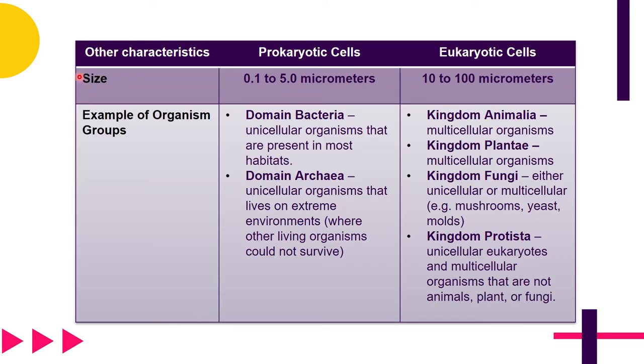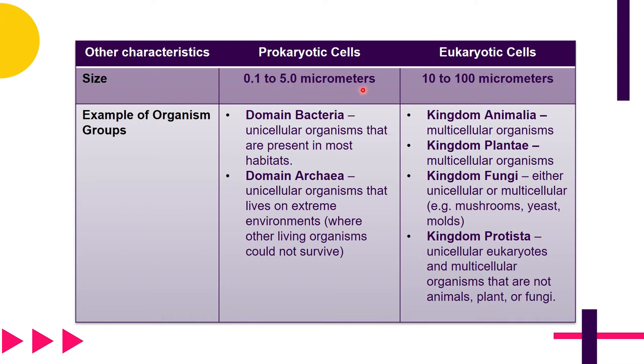Another characteristic between prokaryotic cells and eukaryotic cells is their size in terms of diameter. Prokaryotic cells range in size from 0.1 to 5.0 micrometers.